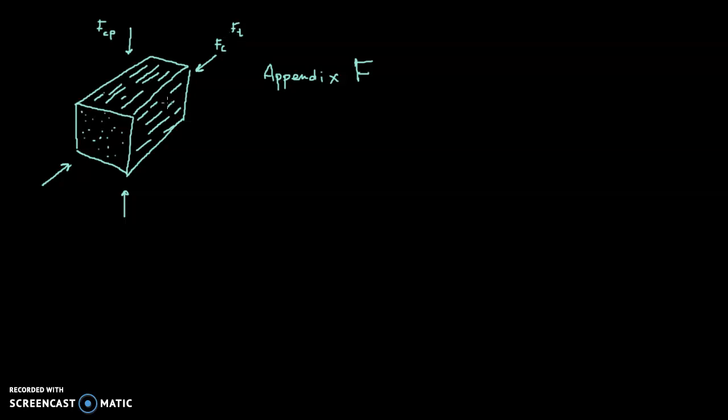FB is bending. So if you'll recall, bending is sort of a combination. If I draw a beam from the side, give it some height here, a simply supported beam with a pin and roller connection, bending stresses are a combination of compression stresses in the top with tensile stresses in the bottom.